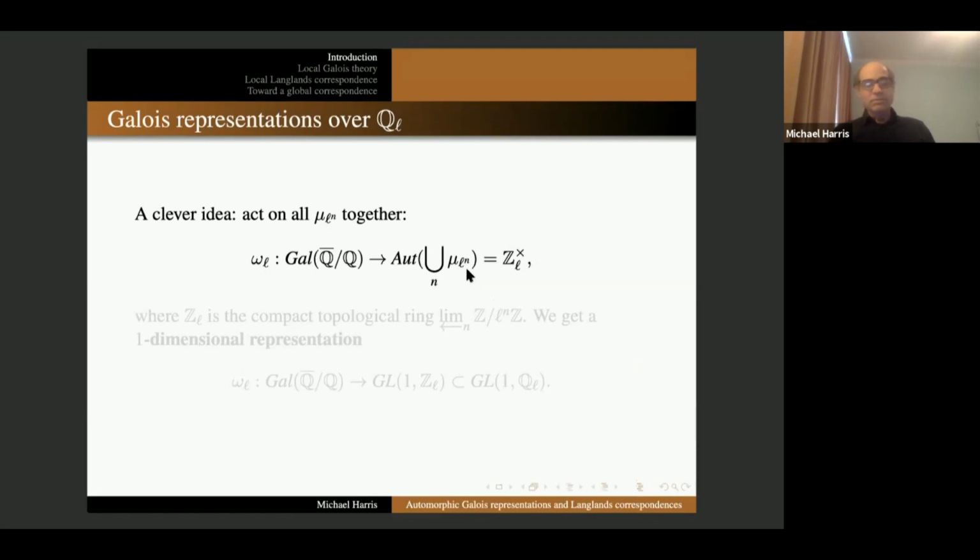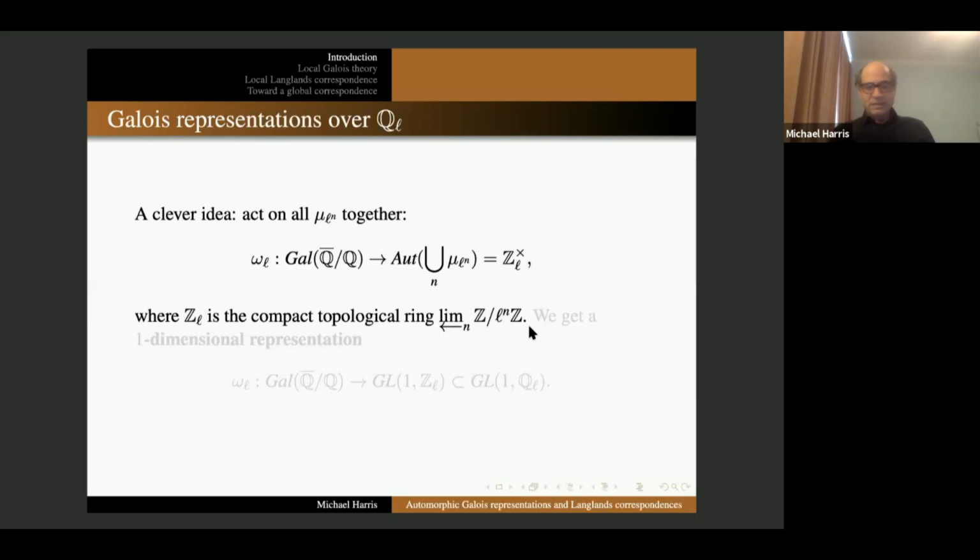And when you work it out, it turns out that the automorphism group is the multiplicative group of Z_L. What is Z_L? It's the compact topological ring that you get by taking the inverse limit of Z mod L to the n Z for all n.